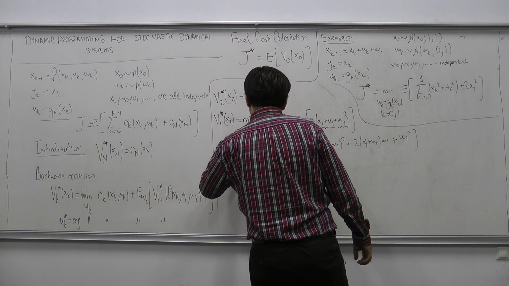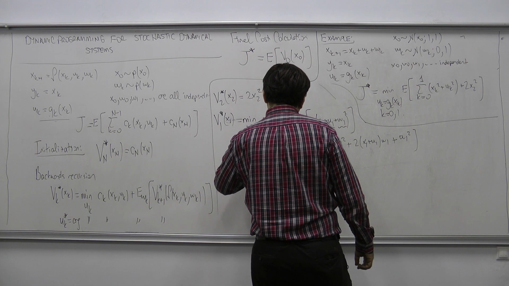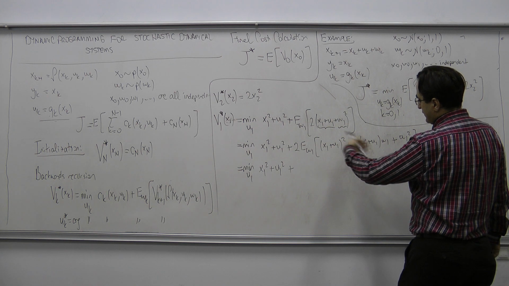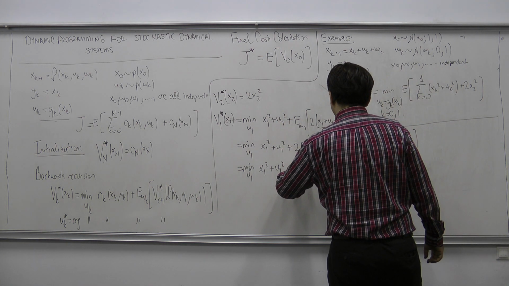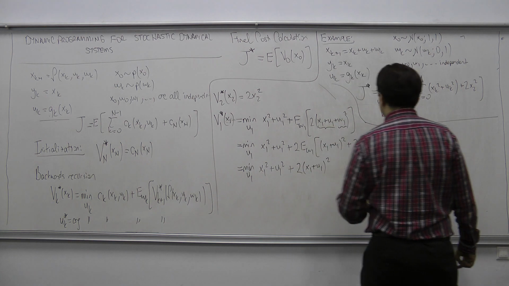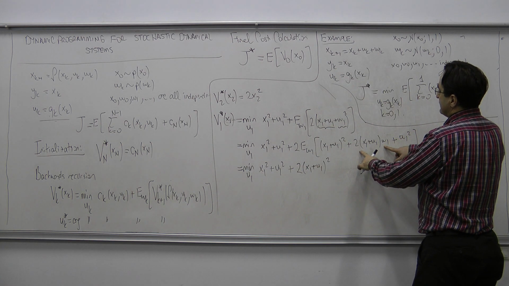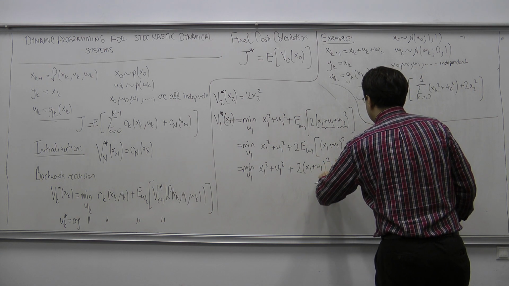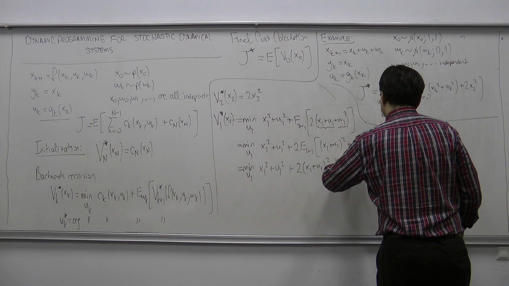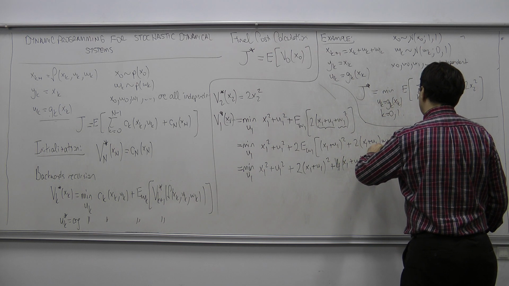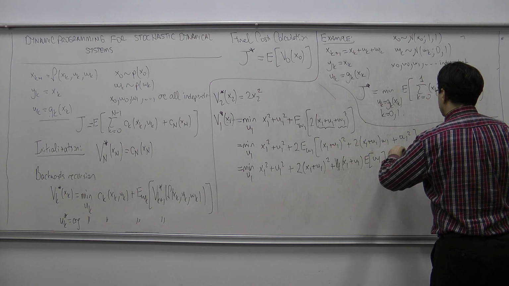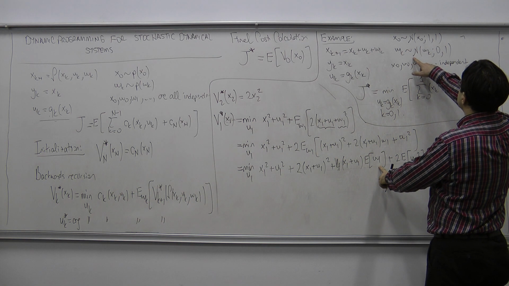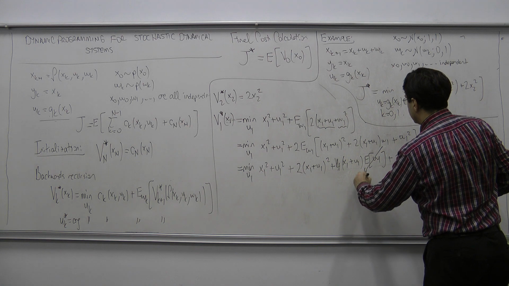So I have minimize with respect to u1 x1 squared plus u1 squared plus this term, which is deterministic and gets outside the expectation directly because it doesn't depend on w1. And in this term, when I take the expectation, these terms get outside. So that would be 4 (x1 plus u1) times the expected value of w1, plus 2 times the expected value of w1 squared. We know that the expected value of w1 is 0, so this cancels.